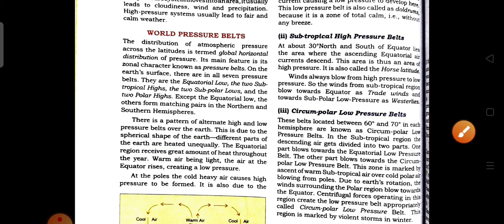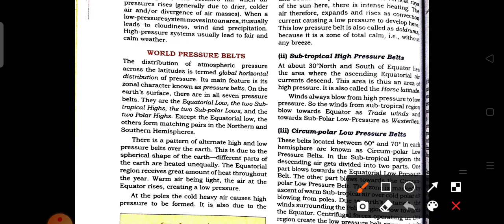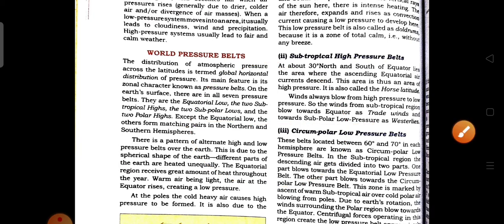As we know, on the Earth's surface, the equator gets direct sunlight and is heated more than any other part of the earth. The warm air, being light, rises at the equator, creating low pressure.